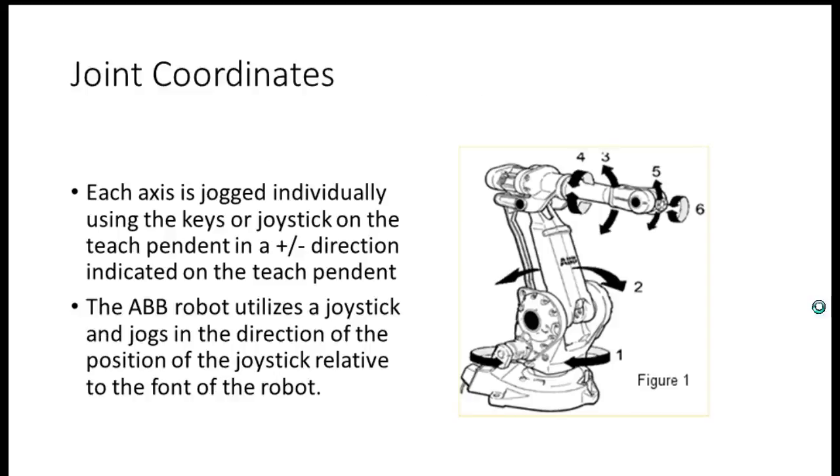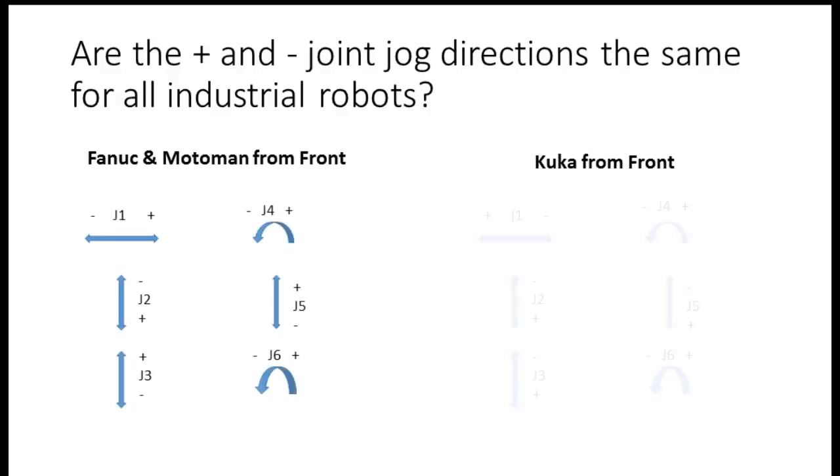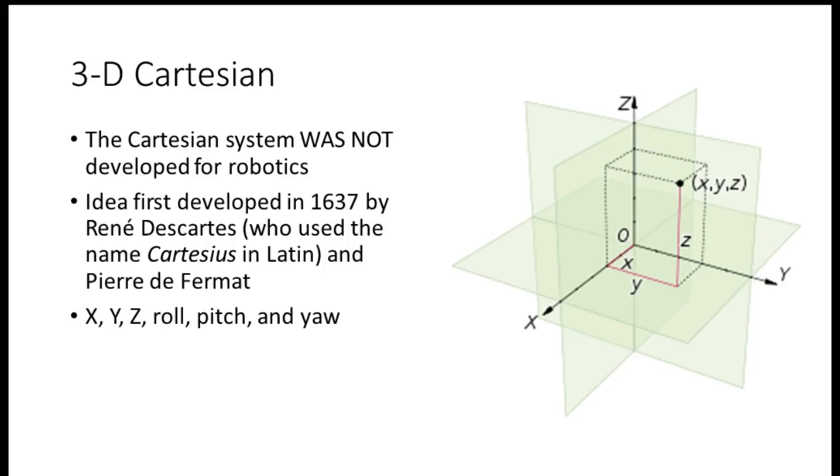Well, when we do that, we're going to switch over to this right here. This is what we call a frame. So we're going to jog it in a three-dimensional box, right?